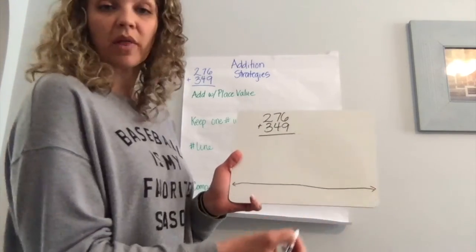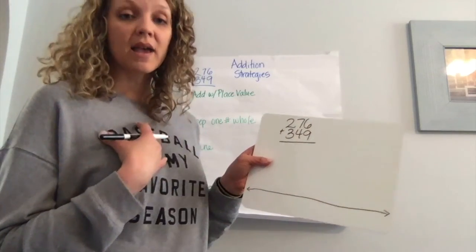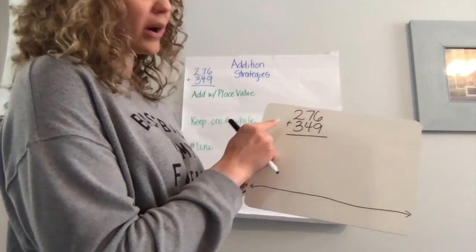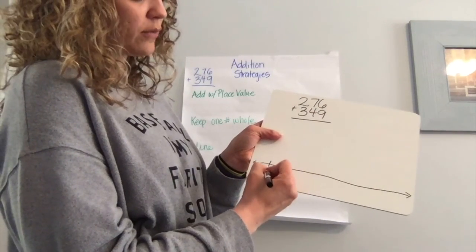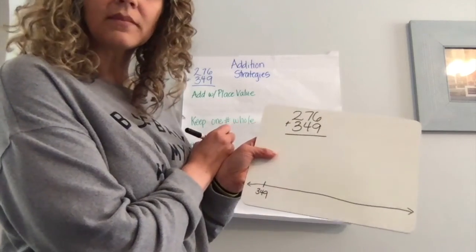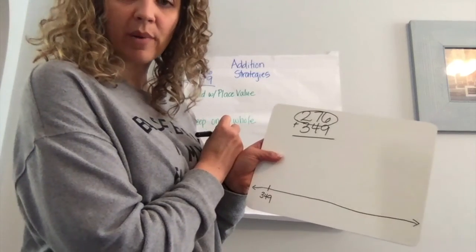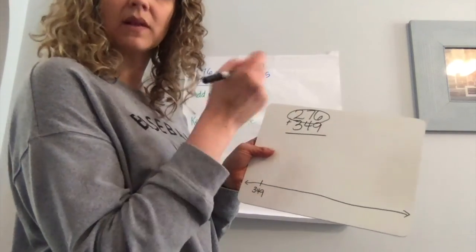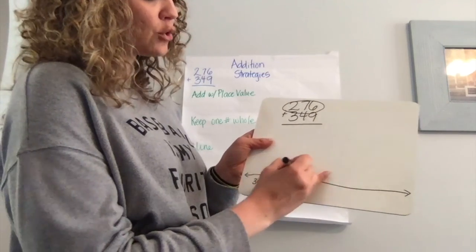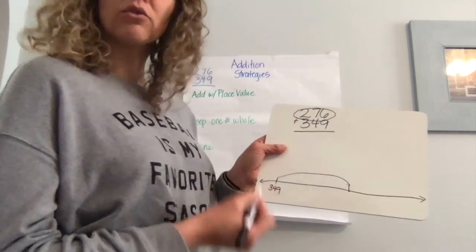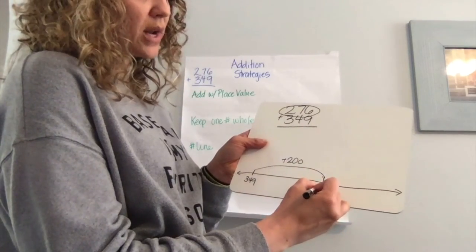So if this is our number line, and we're going to think about 276 plus 349, I would prefer to break apart 276. So I'm going to think about starting at 349 on my number line, and then I'm going to add 276 in its place value parts. So I'm going to add 200, and then I'm going to add 70, and then I'm going to add 6. So to 349, if I were to add 200, that would be a pretty big jump, right? 349 plus 200 is 549.